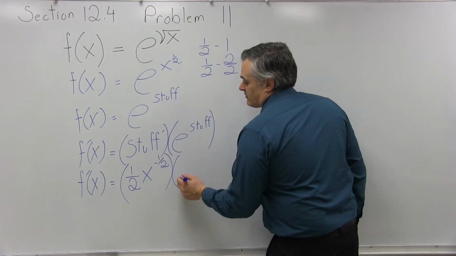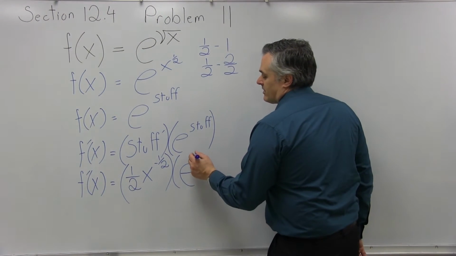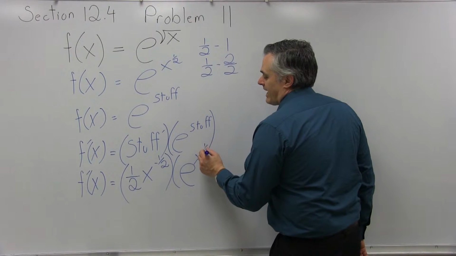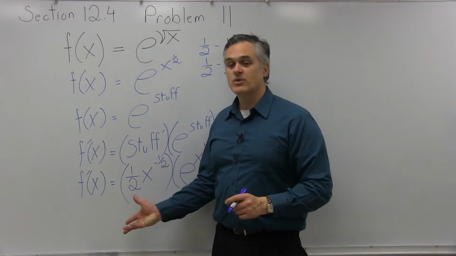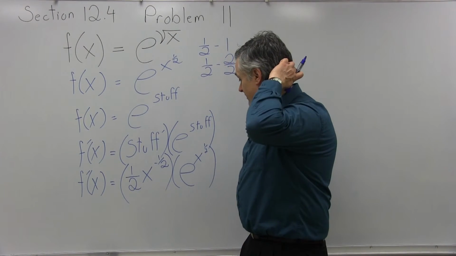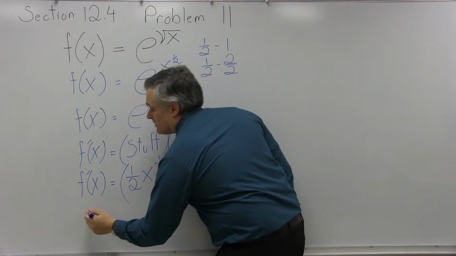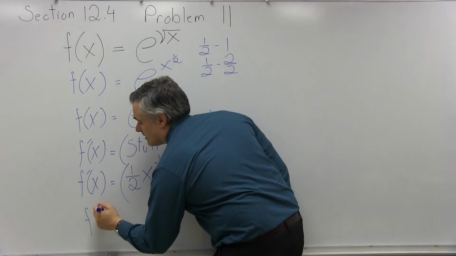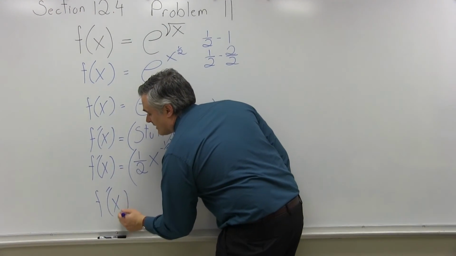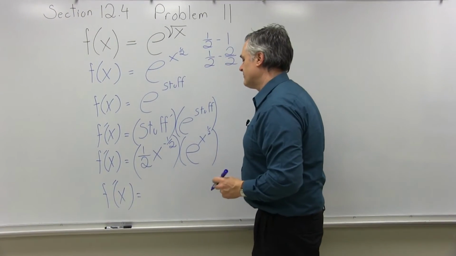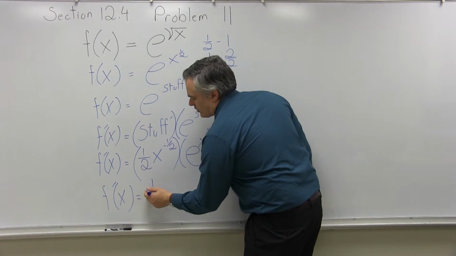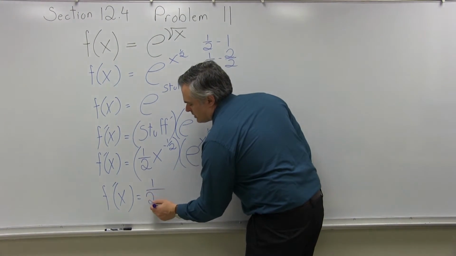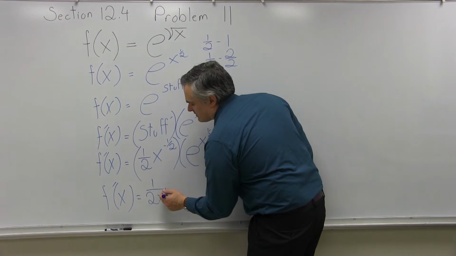And then the e to the stuff will just stay e to the x to the 1/2. Now if you want to simplify it, you can put the square roots back in. You don't have to. But if you like, f prime of x equals, let me make this 1 over 2x to the positive 1/2.